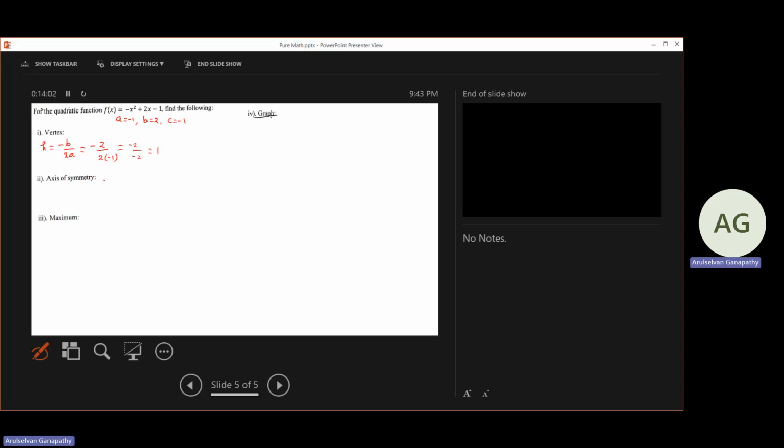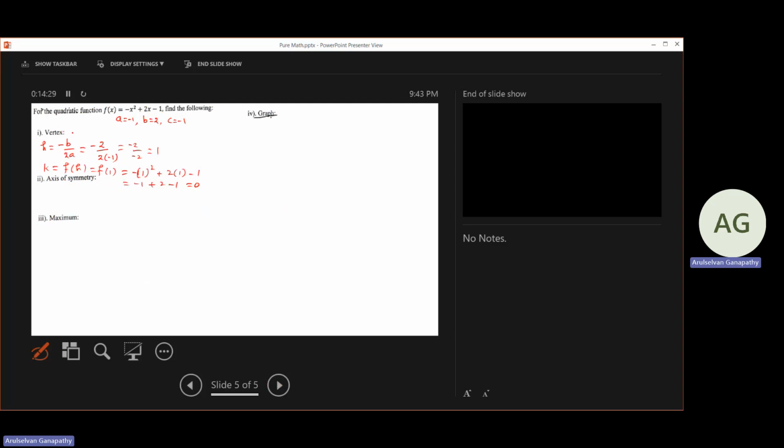And k, how to get k? K is f of h, that is f of 1. What is f? It's minus x square plus 2x minus 1, that is minus 1 square plus 2 times 1 minus 1. What do you get? -1 plus 2 minus 1, that is 0.